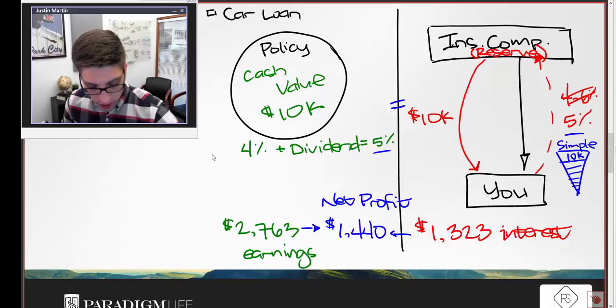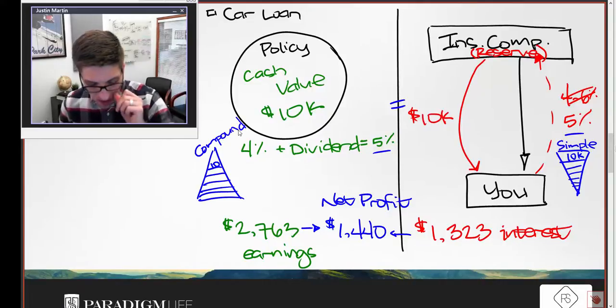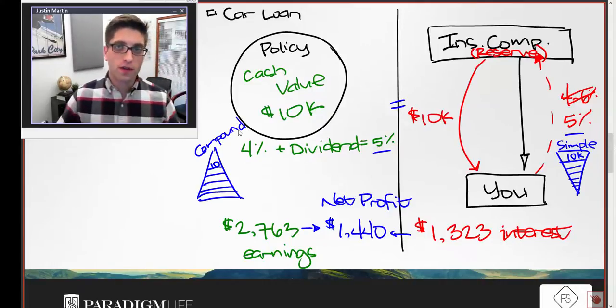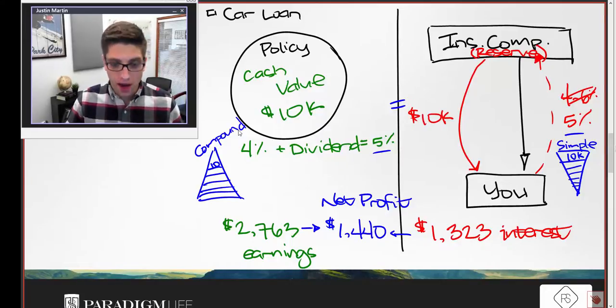Whereas over here in the insurance policy, we're starting with $10,000, and then every year we're growing it at that 5%, working with compounding interest. So when we involve the time value of money over this sequential payback, we actually see that we're net profitable off of all of this.